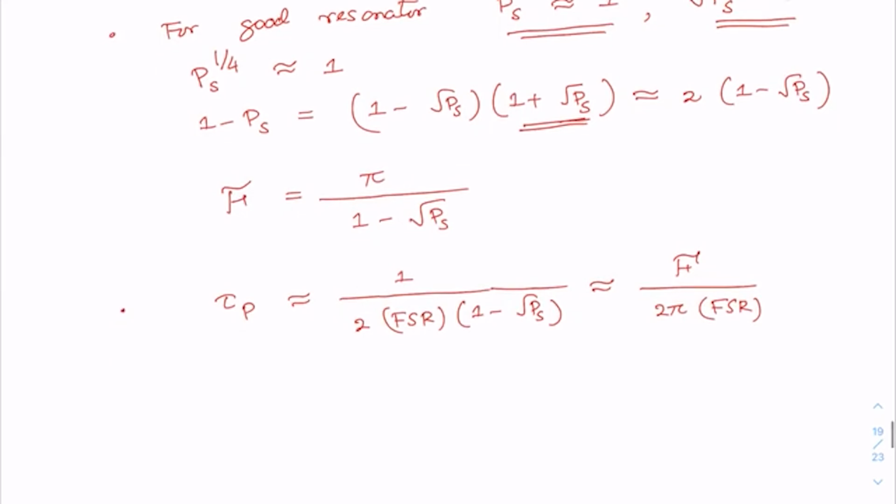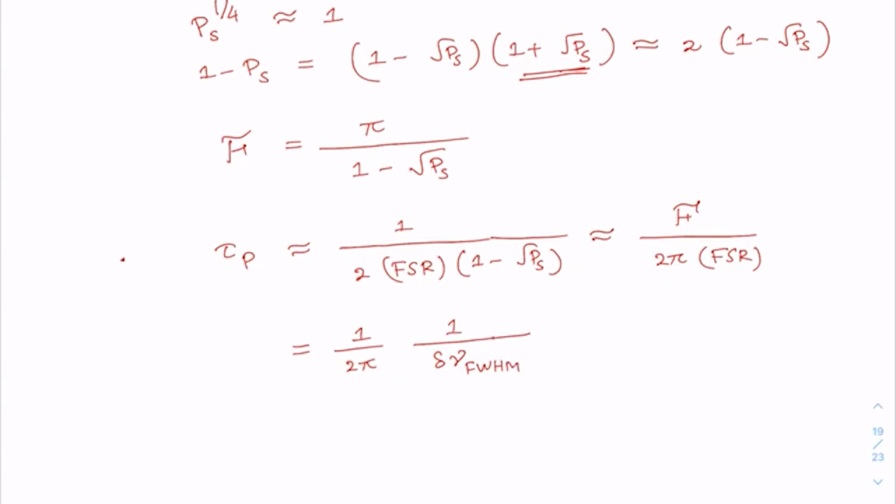Because I already know that free spectral range and finesse are associated with the full width at half maximum, I can write it as 1 by 2 pi into delta nu, the full width at half maximum.